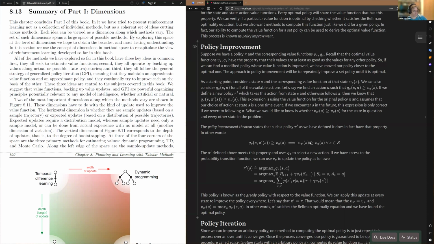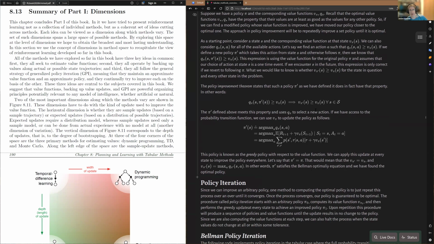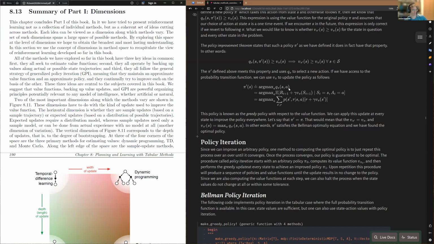So this also gives us a method of producing the better policy, which is that we look at the state action value function for a given policy. Then we go through, and at every state, we set our new policy to be the action that maximizes the state action value. If we have Q, you can just directly look at this and find it.